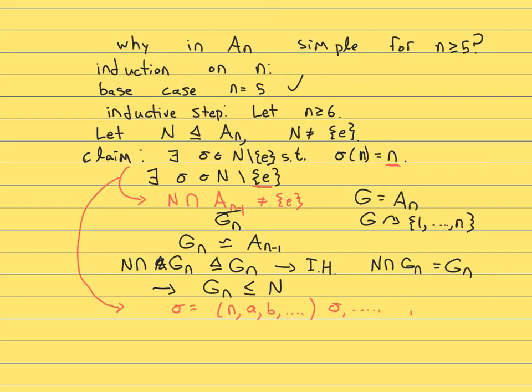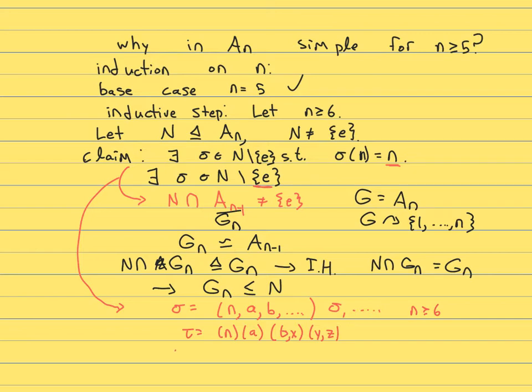Well, we're assuming n is at least 6. So we're going to assume that we have at least 6 other elements to work with. So I'm going to let tau be (n, a, b), interchanges with some other element x, and y interchanges with some other element z.